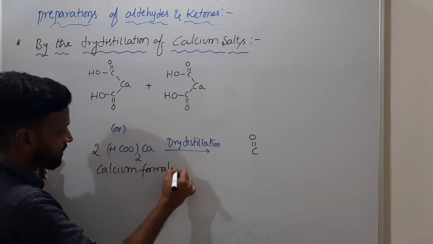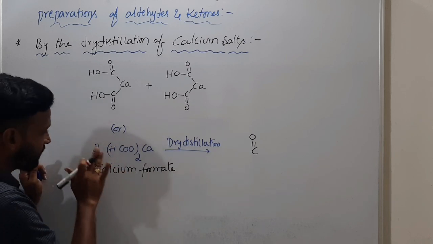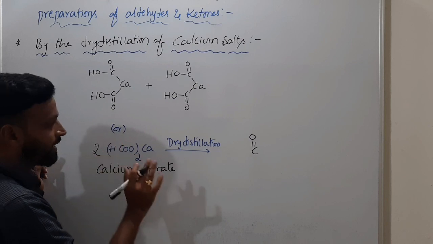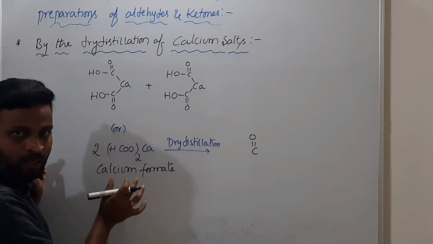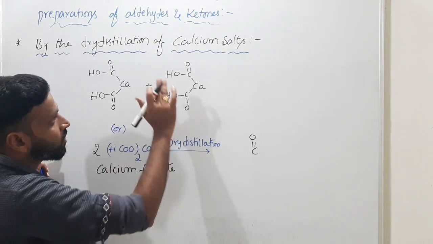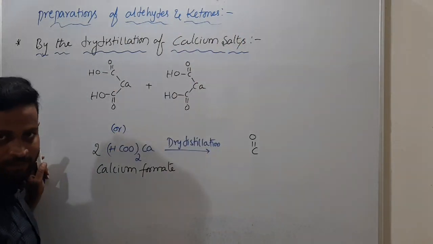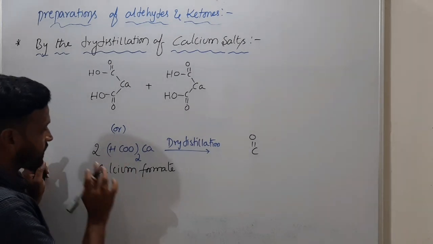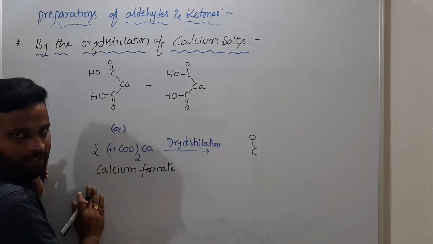If they give calcium formate, two moles even if they don't give, we have to take two moles, because this dry distillation takes place between two salts of calcium, calcium salts of carboxylic acids actually. Why carboxylic? COO. Understanding? So calcium formate, this is two moles.